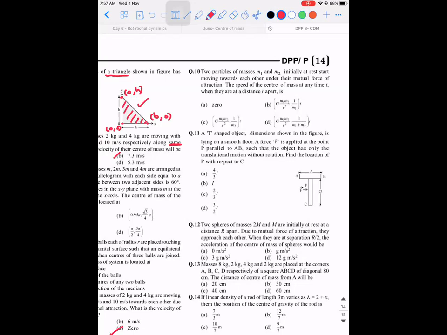Do the 10th one. Guys, I hope you're doing it on the other side. Since these are easy, I'm not speaking much.